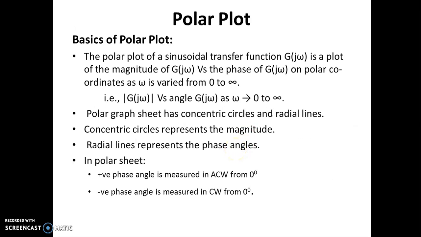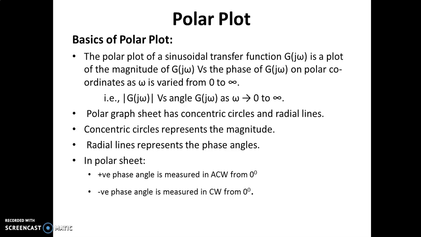So coming to the basics of the polar plot, already we have discussed that it is the magnitude of G(jω) versus the phase of G(jω) on polar coordinates as ω varies from 0 to infinity. This graph sheet has concentric circles and radial lines.